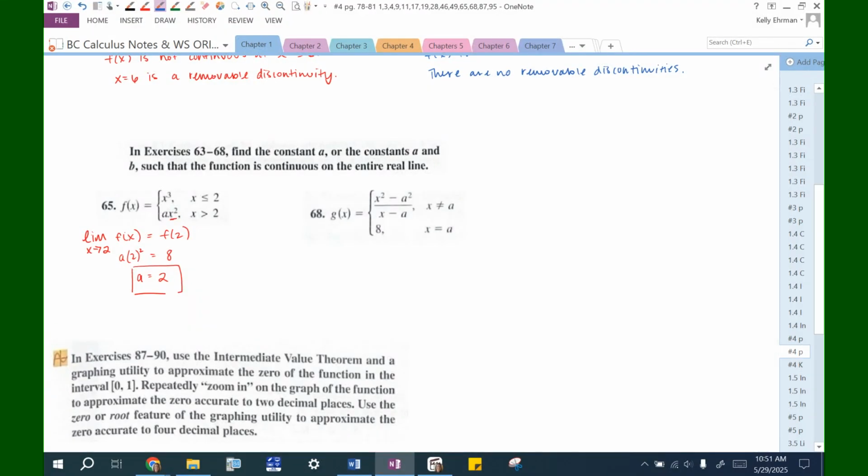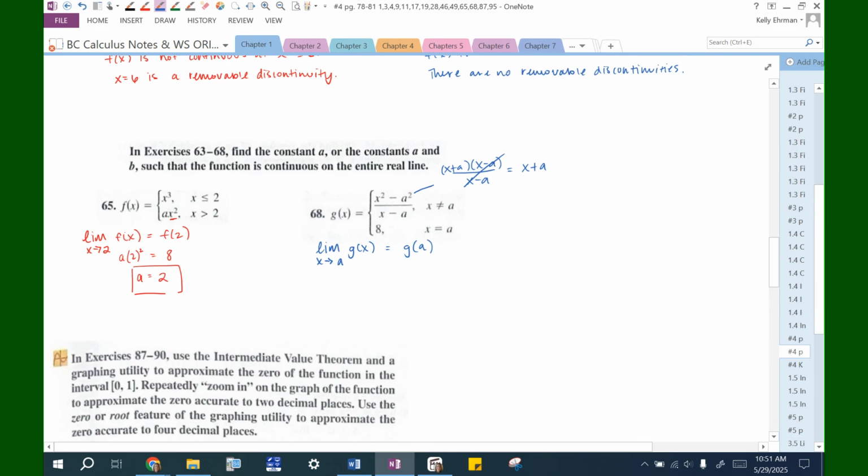Same thing here. Remember, this expression needs to be simplified. x plus a, x minus a, over x minus a. So if you are trying to plug a into it to find the limiting value, you will be plugging into just x plus a. Knowing that, I set it up by definition first. The limit as x approaches a of g of x has to equal g of a if g is going to be continuous.